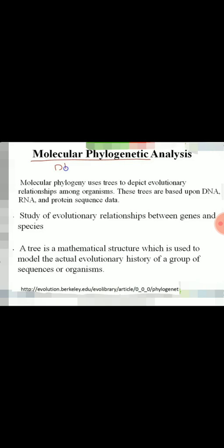And what is studied in this? The gene sequence of the particular species is studied. This tree is a mathematical structure which is used to model the actual evolutionary history of a group of sequences or organisms.